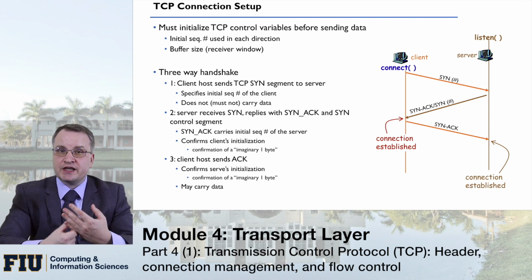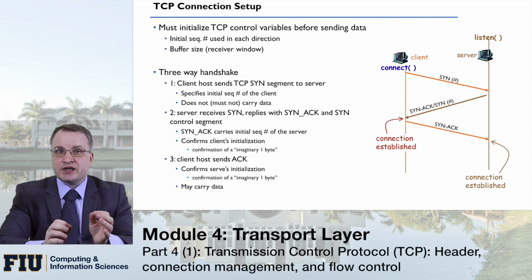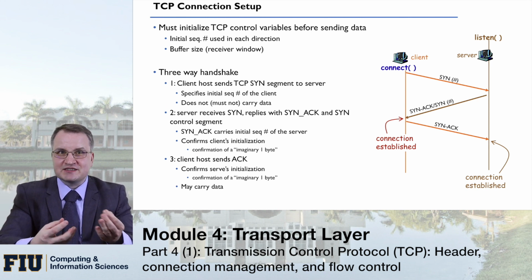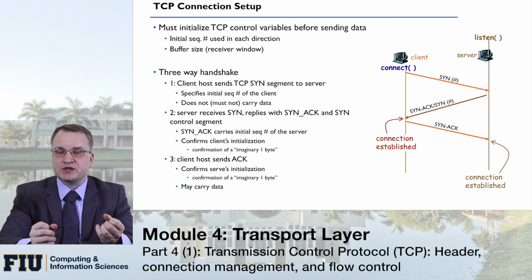And to avoid any ambiguity in the understanding of what was a sequence number and what was not, you can assume that this SYN is actually carrying an imaginary byte. I'll try to show an example of what I mean by this imaginary byte.